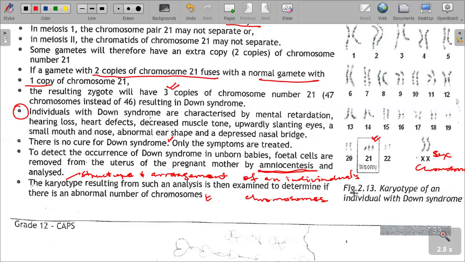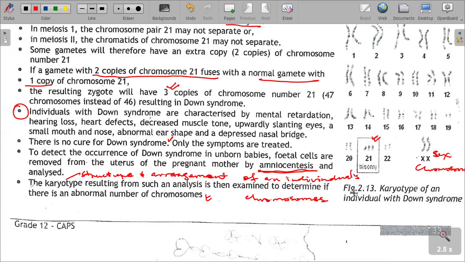In meiosis 1, chromosome 21 did not separate, and then it fertilized with a normal gamete. This resulted in two copies of chromosome 21 fertilizing with a gamete with one copy, resulting in trisomy 21 that you see there. An individual with this condition has Down syndrome.